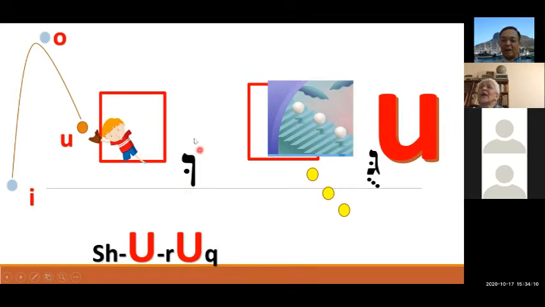Now, you will learn afterwards that when you have this dot as part of the consonant, below or up above or whatever, this is actually a shorter U vowel. And when you have a vav with a dot here, then this is a longer U vowel.